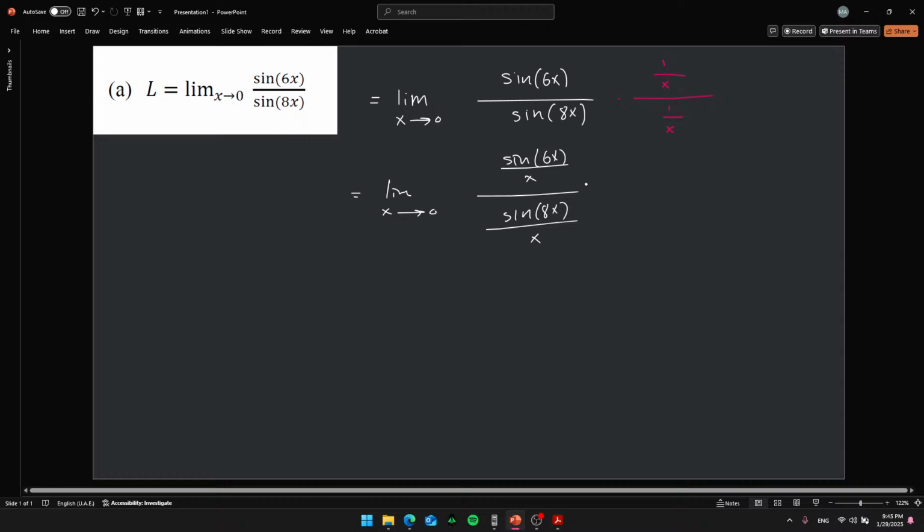Now I will change the division into multiplication. You know how to do this, right? A over b over c over d.